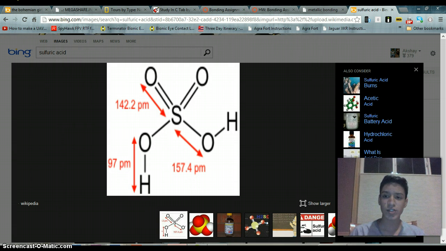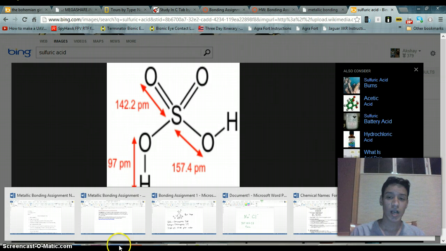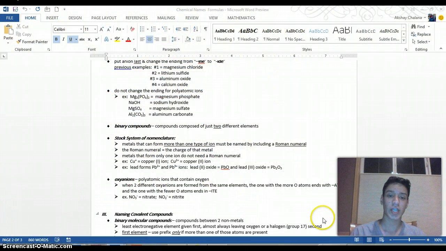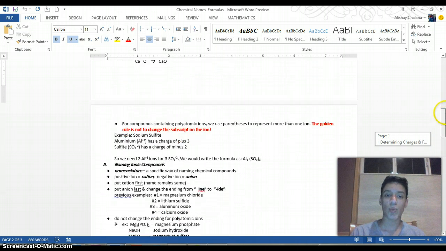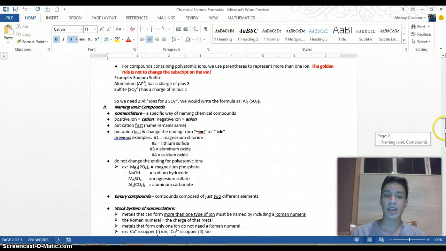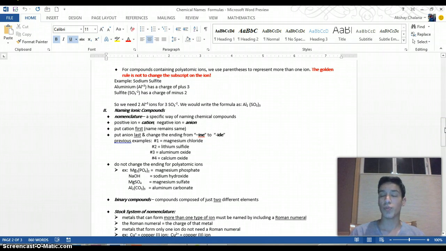Okay, so this brings us to our final point, which is about generally naming and creating formulas for molecules. With ionic molecules, the key is, first of all, to put cations before anions. So the cation is always the metal, which is positively charged.